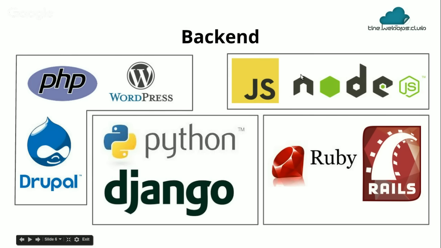The latest one is Node.js. Node.js is made out of the famous, powerful language JavaScript, and this has a great advantage of speed compared to Ruby on Rails, Django, and PHP.